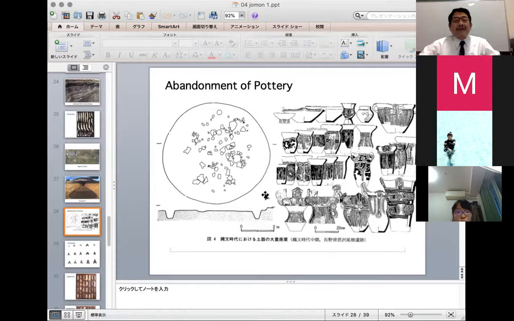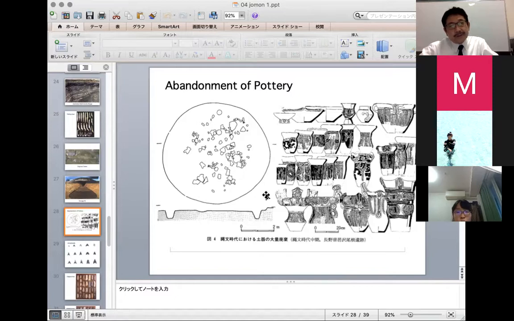Because when you finish using a pit dwelling as a house, the upper structure, roof, beams and posts will be removed, and it will be only a big hole on the ground. And they did not bury it, but instead they used it as a waste pit.